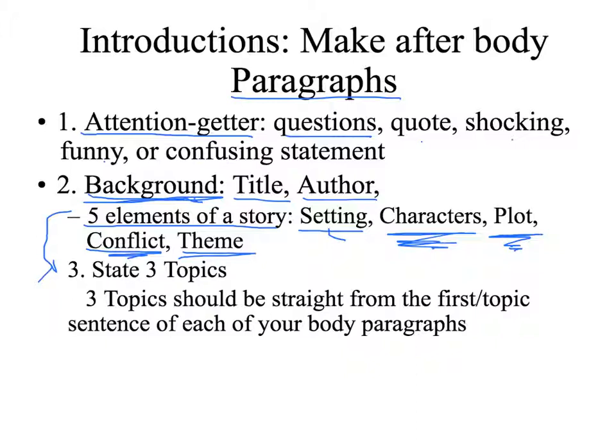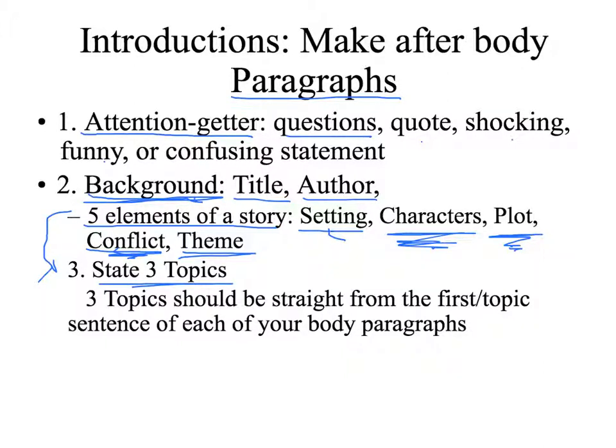Don't get too into this, where I have a bunch of paragraphs with sentences like "the conflict in this book." I don't want that, but I do want these ideas woven in. All right, then you need to make sure you state the 3 topics.